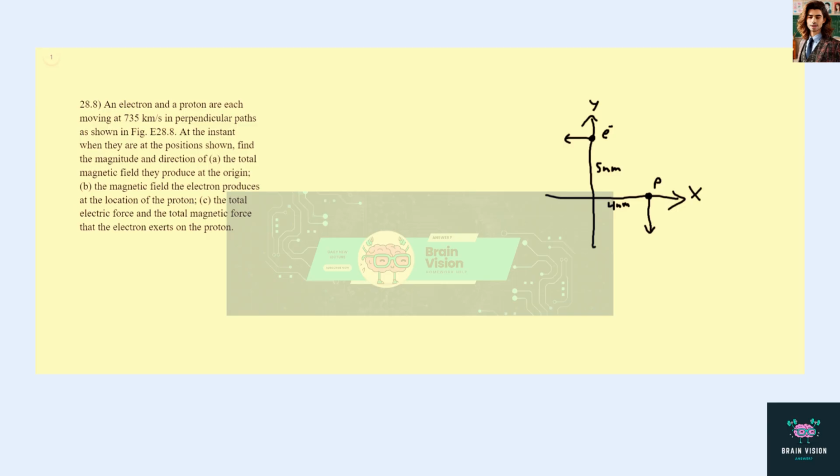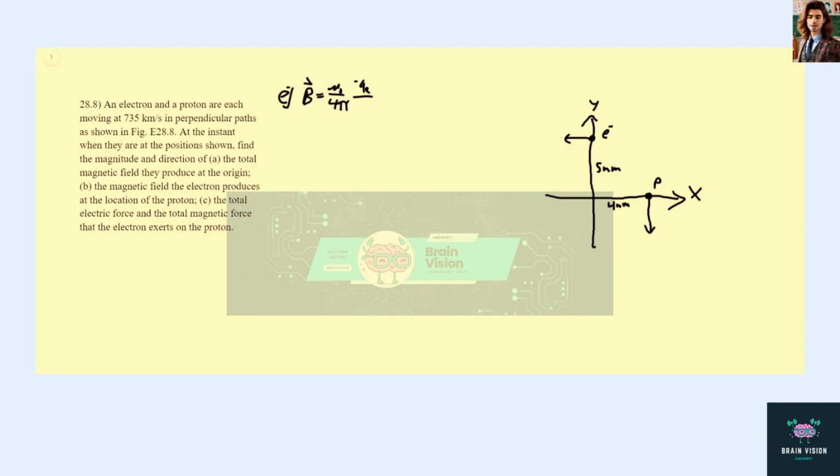Welcome to Brain Vision. Okay, so problem 28.8: you have an electron and proton that are each moving at a certain speed in perpendicular paths as shown. At the instant that they are at these positions, we're supposed to find the magnitude and direction of the total magnetic field they produce at the origin to start. First, we're going to start off with the electron. We have the magnetic field, and that's going to be due to a moving point charge, so that's going to be mu naught over 4 pi. And then we have Q, the charge of the electron, and I write down as negative.